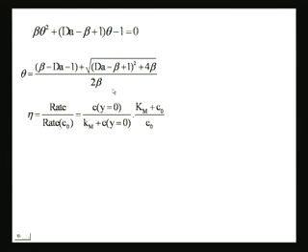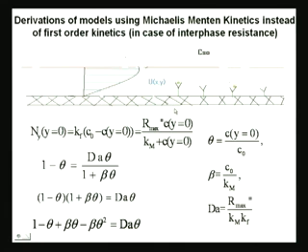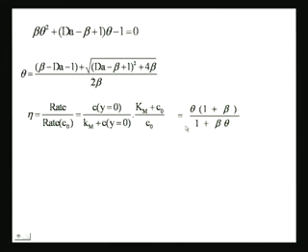No problem. Now we can express this in terms of beta, remember, because beta was defined as C naught by K m. So, you can divide the whole thing by C naught by K m.